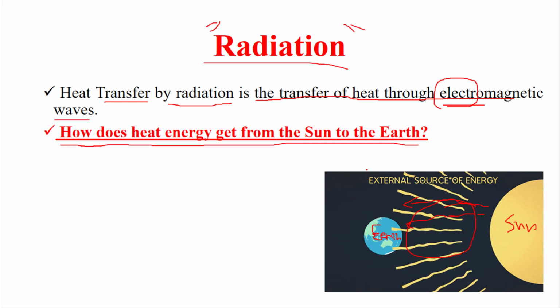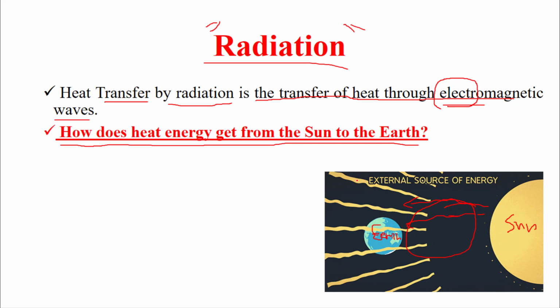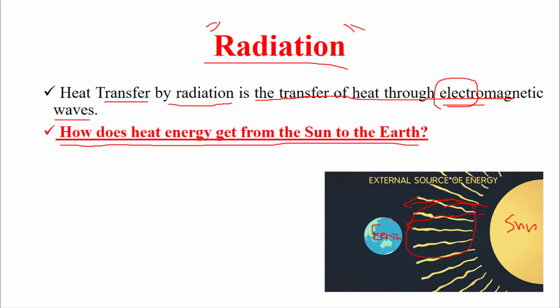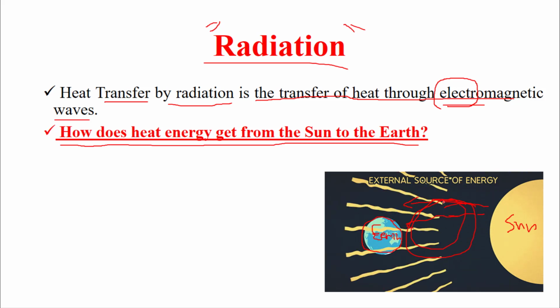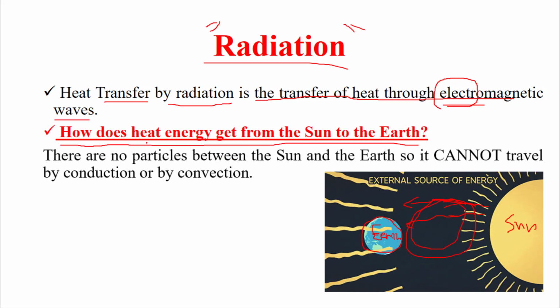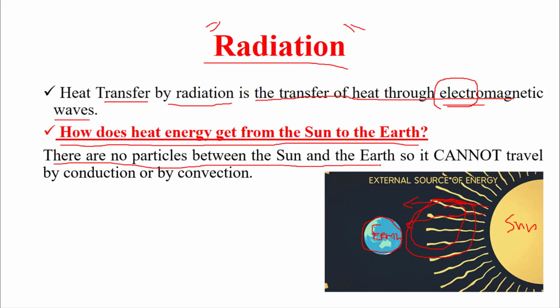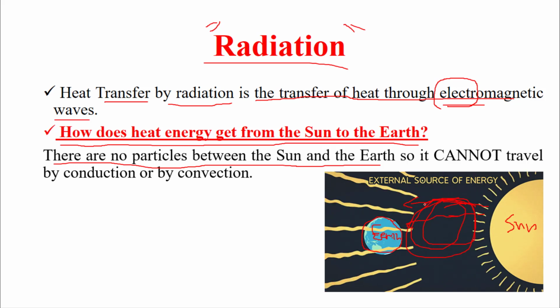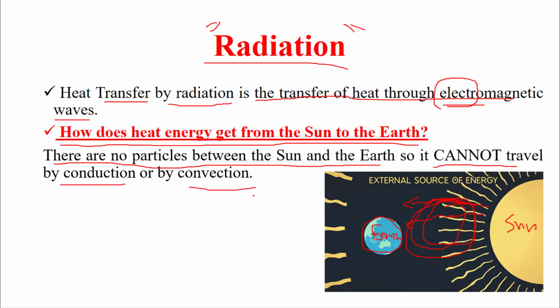So in conduction we need a solid medium. In convection we need a moving fluid plus a solid. So let's assume this is the solid, and here we don't have any medium. So the only answer is that heat is transferred only due to radiation. There are no particles between the sun and the earth, just space, so it cannot travel by conduction or convection.